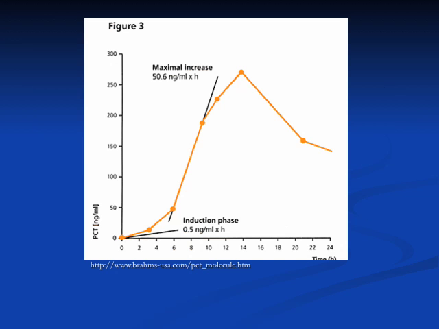This was a 76-year-old female who was accidentally given a solution contaminated with Acinetobacter. They measured serial procalcitonin concentrations, and it sort of demonstrates its kinetics in that procalcitonin does have a tendency to rise at a slower rate in the induction phase, or the initial phase, of 0.5 nanograms per milliliter per hour, following a 2 to 3 hour latency period, with 3 hours being the first time you see elevations in procalcitonin.